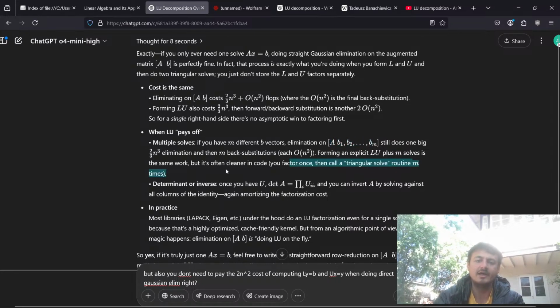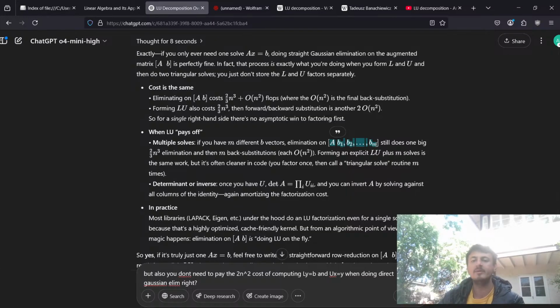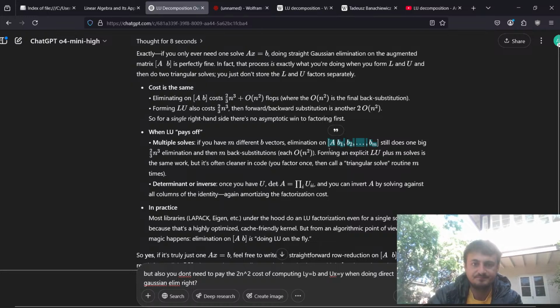Yeah, I mean, okay, all right. I think I get it. You just want to store the decomposition because later you're going to want to use it. But let's say you have a bunch of b vectors coming in at different times. Then you want to store LU. But if you just need to do it once, you could just do this where you have a bunch of b vectors.